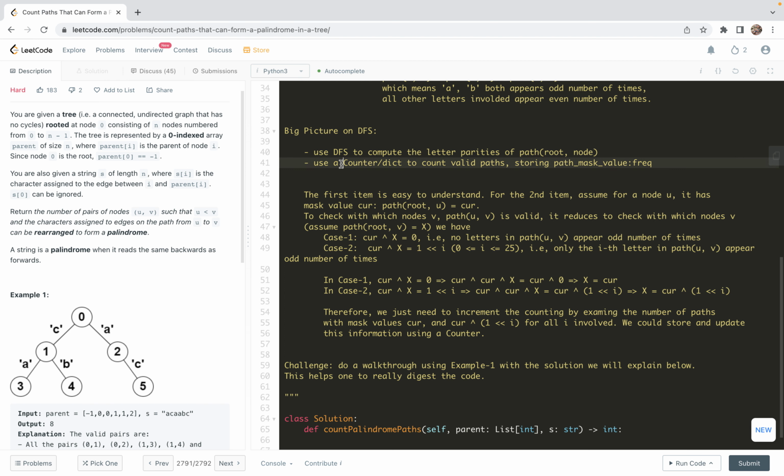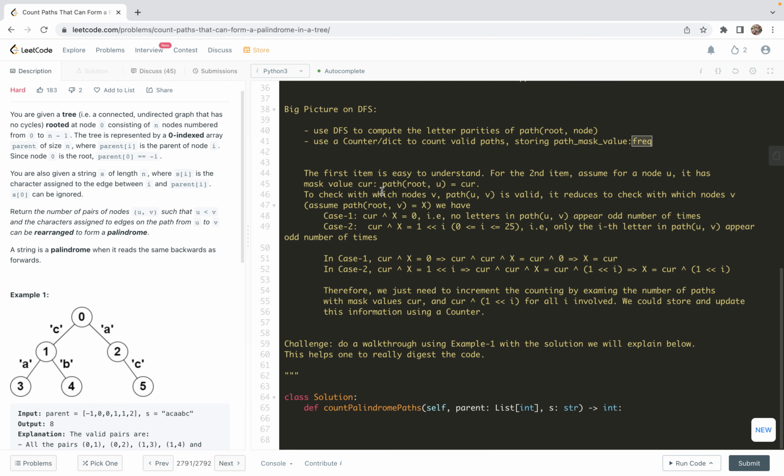And then we're going to use a counter or dictionary to count valid paths and store the path mask value and their frequencies. Basically, tell me if the path has such a mask value, how many times such a path has appeared.